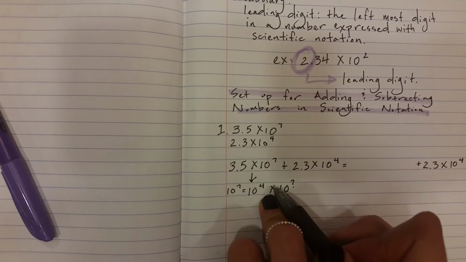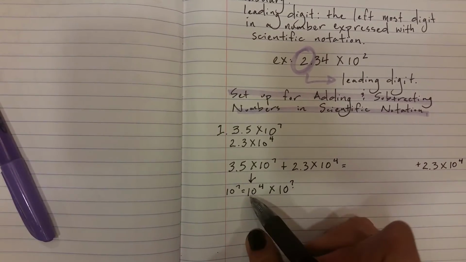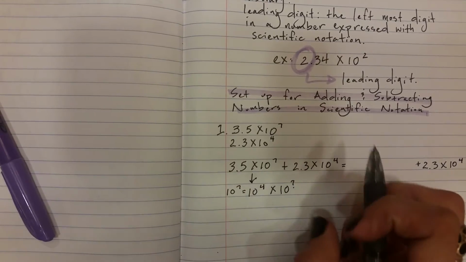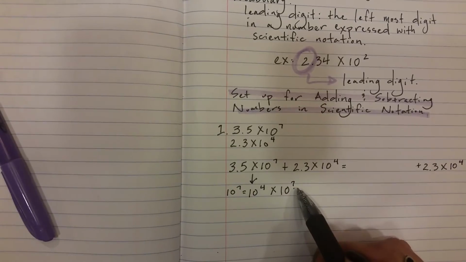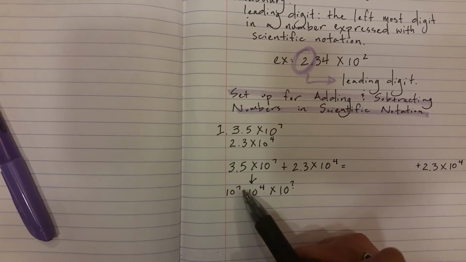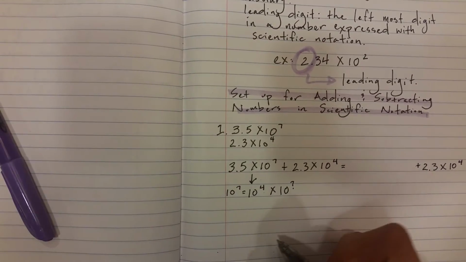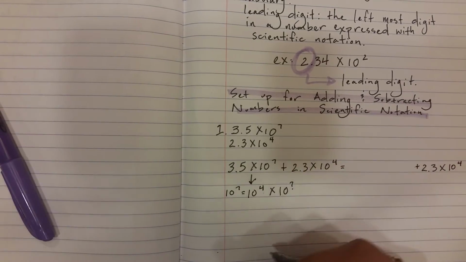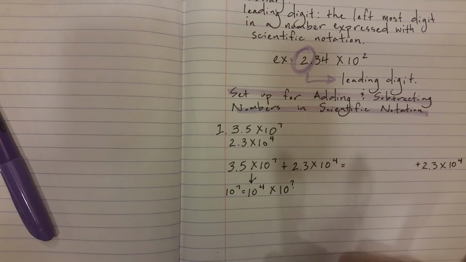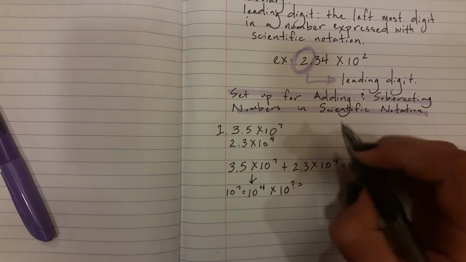Now you already know that if you see multiplication with your base numbers, your exponents are going to be added. So what exponent do I need to add to the exponent 4 in order to get my exponent 7? 4 plus 4 equals 8, 4 plus 1 equals 5, 4 plus 3 equals 7. Okay, there we go.